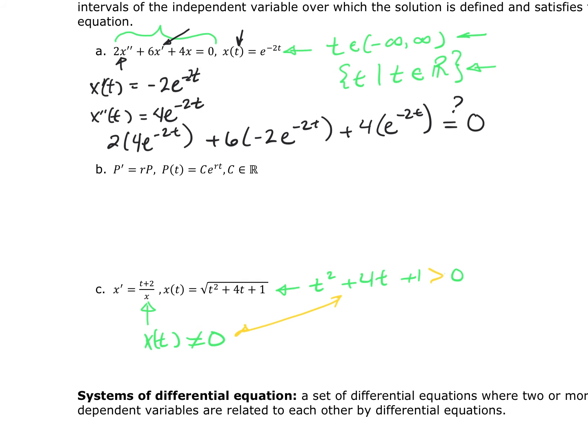Now I can factor out an e to the negative 2t because it's the same all the way through. So I have e raised to the negative 2t, which leaves me 2 multiplied by 4 plus 6 multiplied by negative 2 plus 4. And I'm asking myself, does this thing equal 0? Well, what is 2 times 4 minus 12 plus 4? Does that equal 0, yes or no?